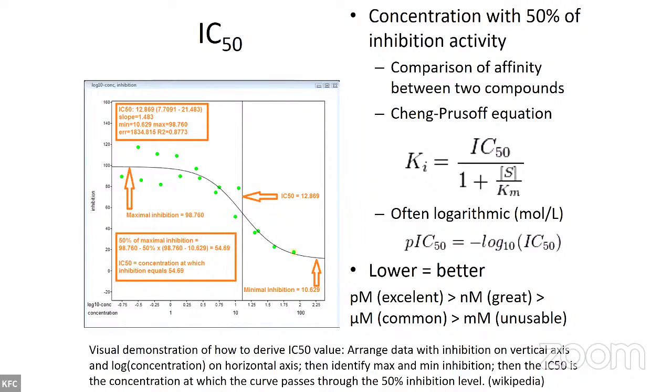And in this way, it's going to give the proper normal numbers. And depending on that, you basically get the idea about how good a binder it is by just looking at the concentrations of these IC50s. If it's binding with picomolar affinity, then it's an excellent binder.